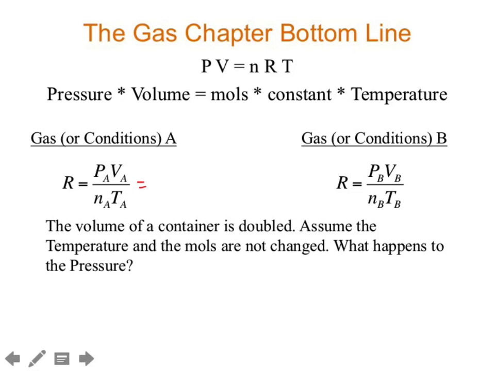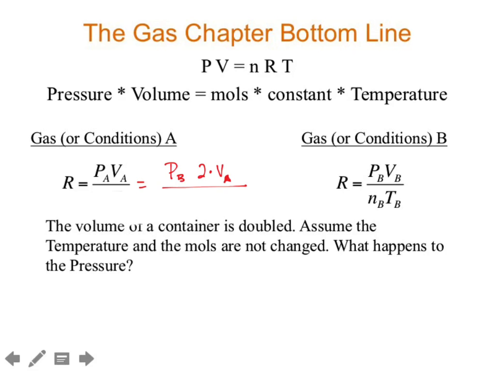Volume is doubled, which means volume B is twice that of volume A. What happened to the moles? It says to assume they're not changed, which means nB is actually nA. What happened to temperature? Same thing. Which then means all of those cancel out.